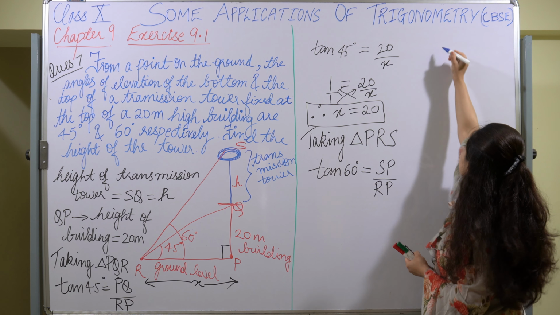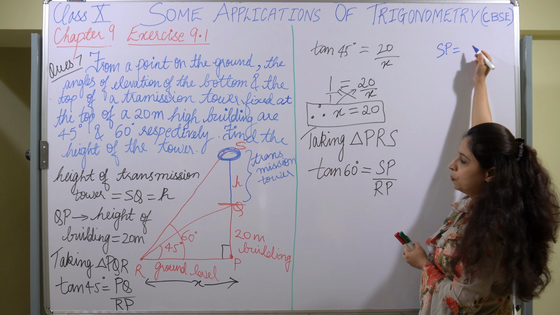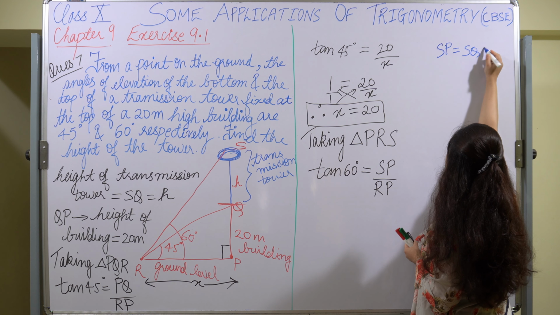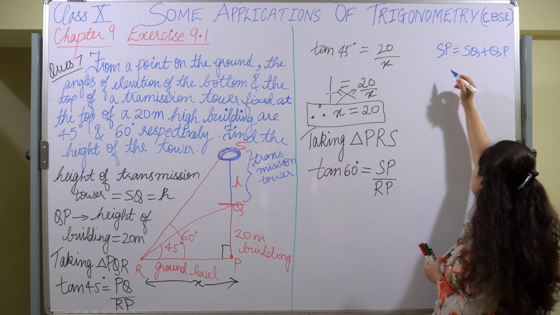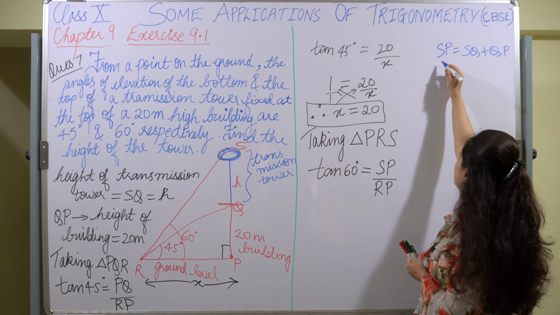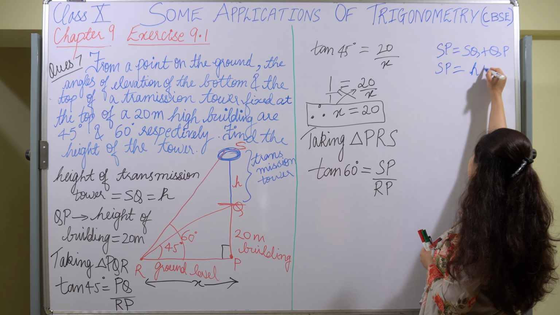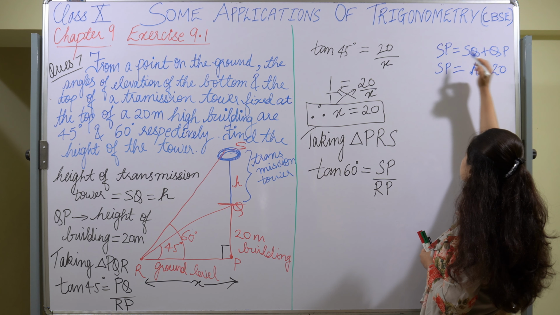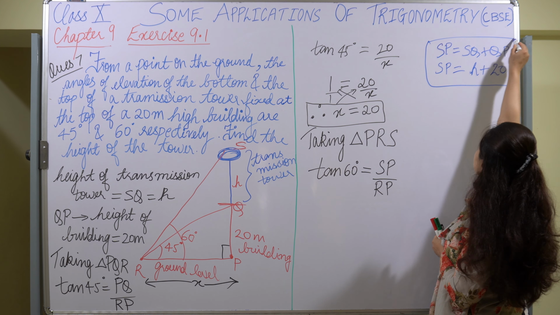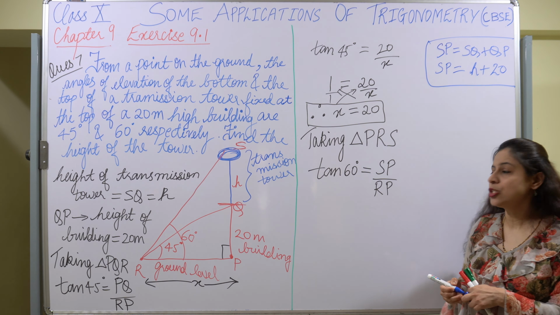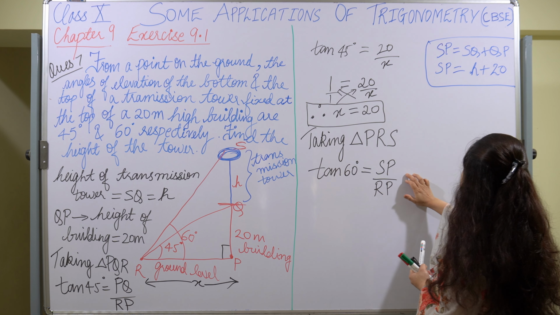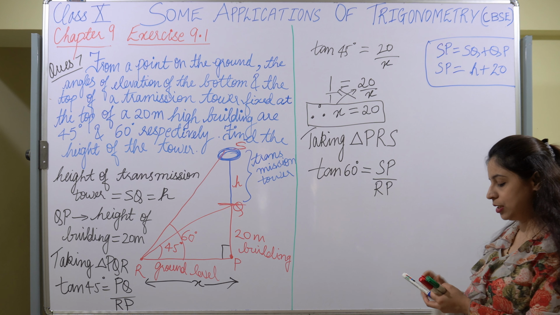SQ is H and QP is 20, which is given to us. So in place of SP, we will be replacing it with H plus 20.